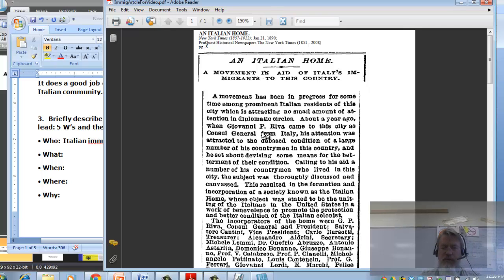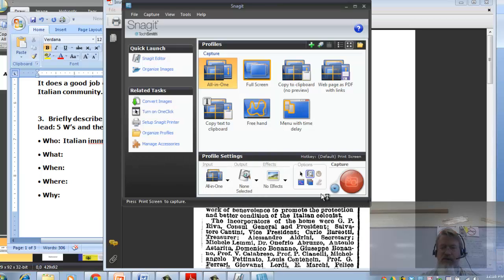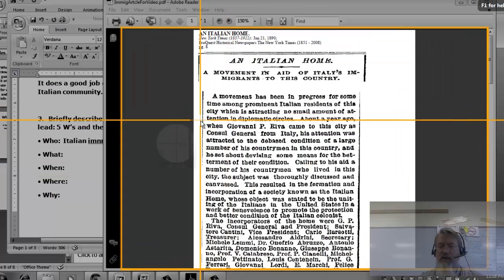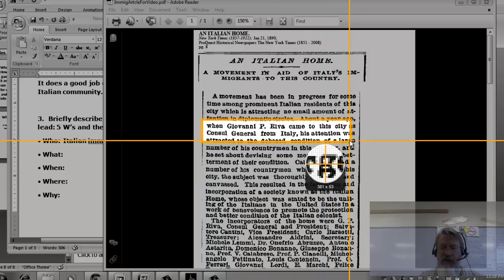Another answer would be a movement has been in progress for some time among prominent Italian residents of the city, which is attracting no small amount of attention in diplomatic circles, official government people. About a year ago, when Giovanni P. Rivera came to this city as consul general from Italy, a diplomat, an official representative of the Italian government.